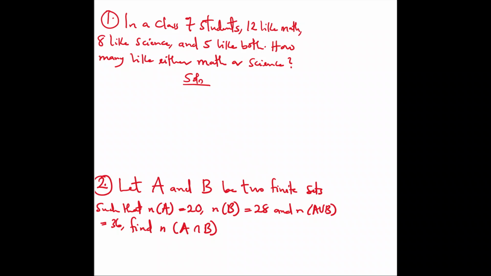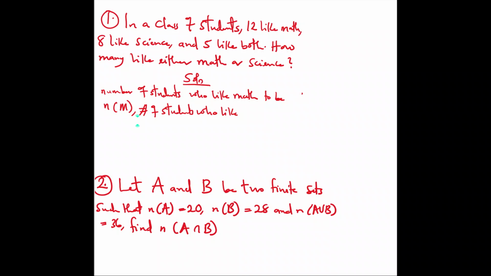So let's represent the number of students who like maths to be n(M), and the number of students who like science will be n(S).